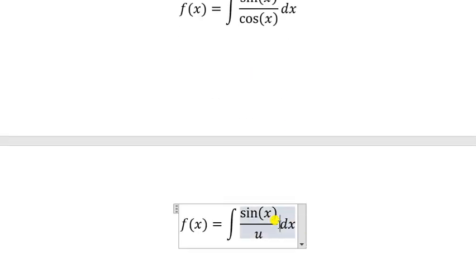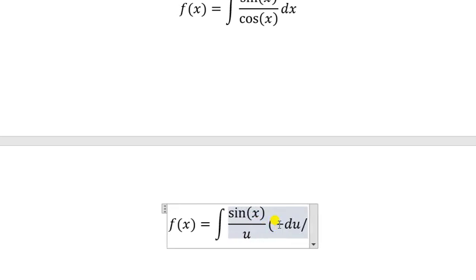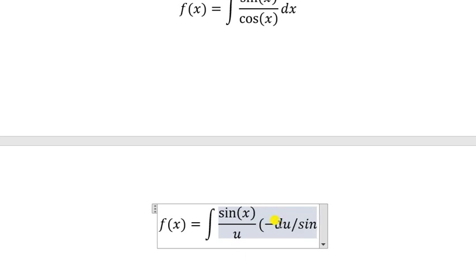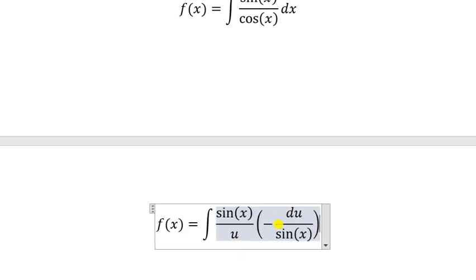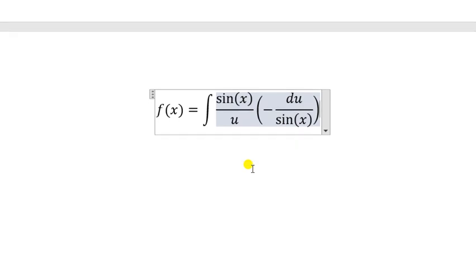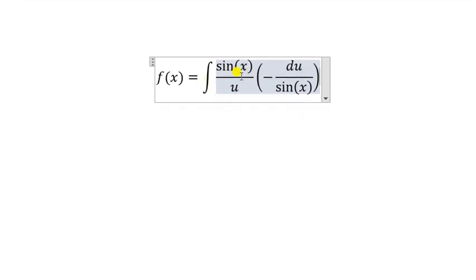So we can substitute this dx for that. So this is going to be minus du divided by sine of x. Right? So we have an integral that looks like this now. It looks a little simpler, let's say.